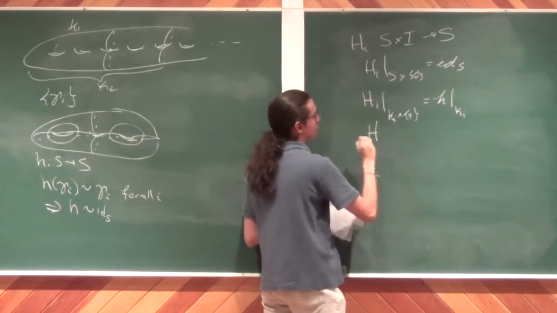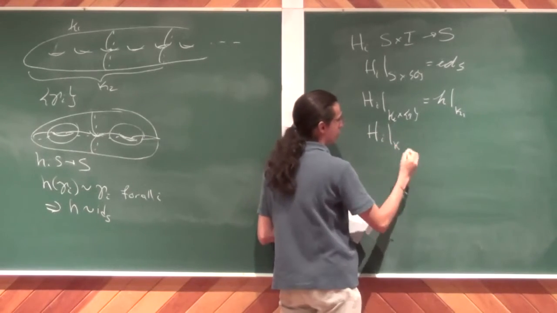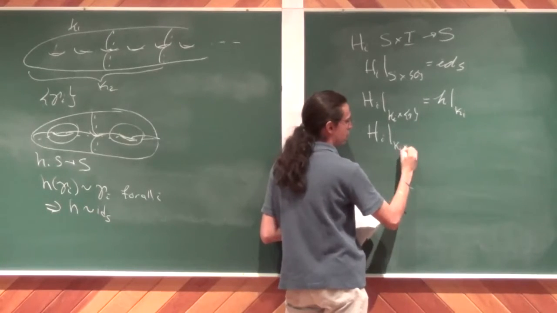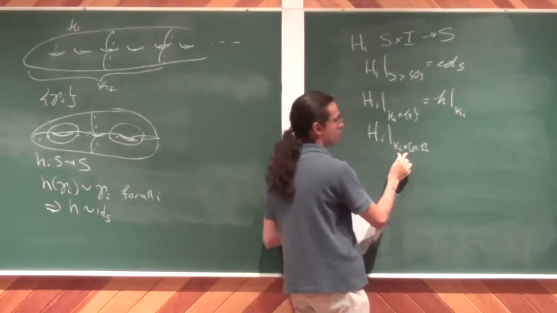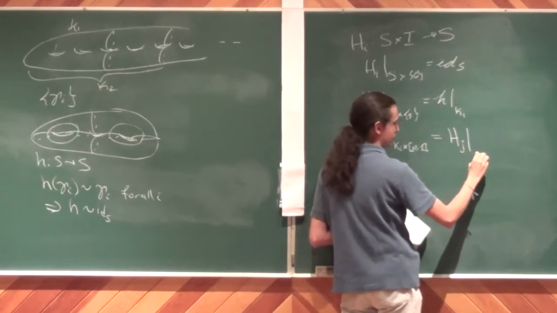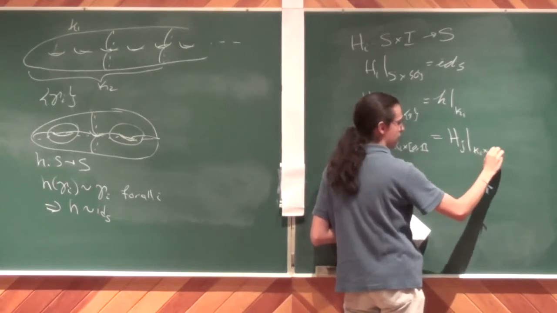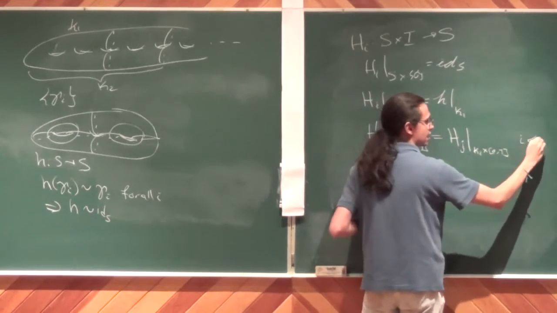And the most important part for this is that this restricted to one of the subsurfaces is the same as this one, as long as i is less than j.